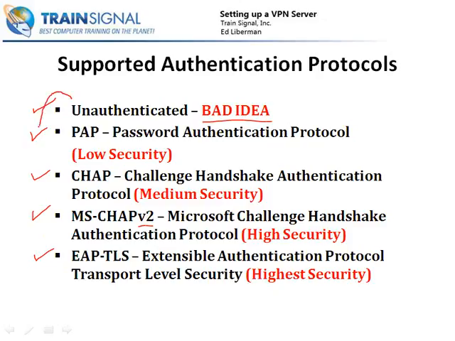Each one of these items is a checkbox, and if you have more than one checked, so let's say you had PAP, CHAP, and MS-CHAP v2, all three of those checked, well, what is going to happen is it's going to attempt the most secure environment it can first, and then only if that fails, maybe a client can't support MS-CHAP v2, it'll then go down to the next highest form of authentication, which would then be CHAP. So those are your authentication protocols.